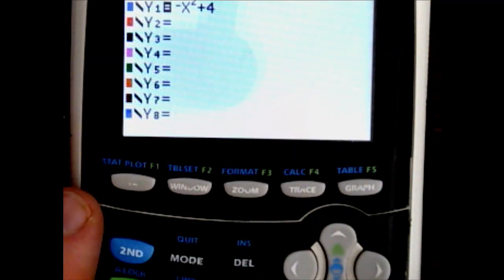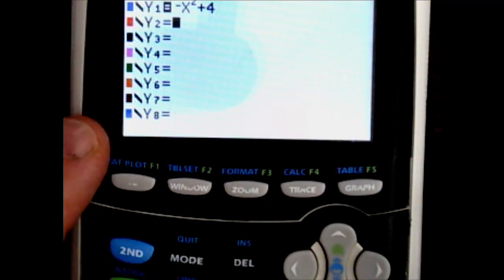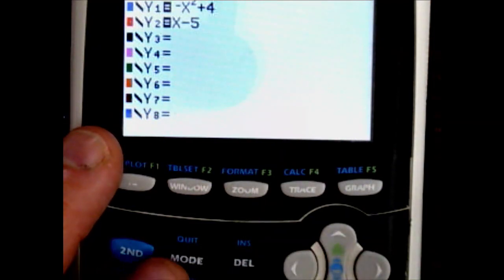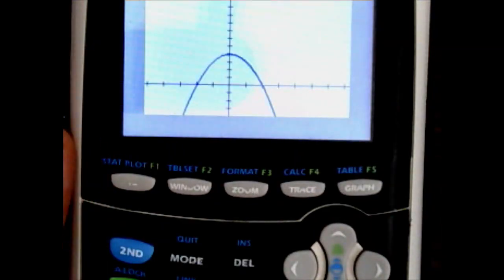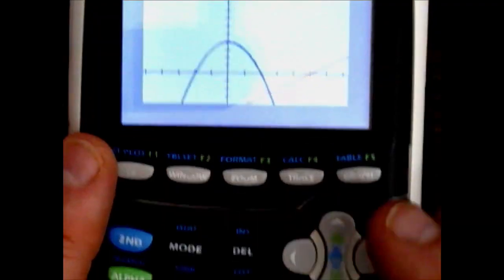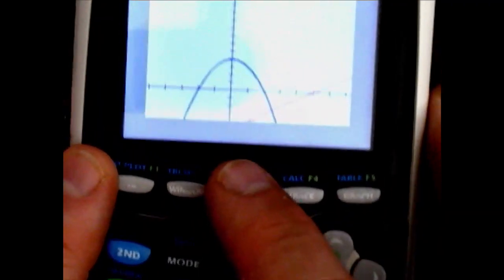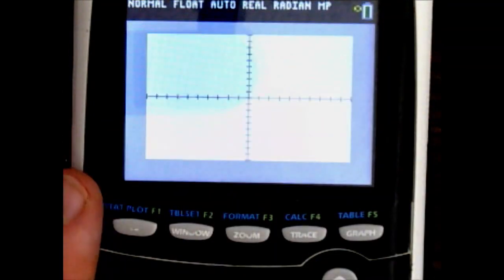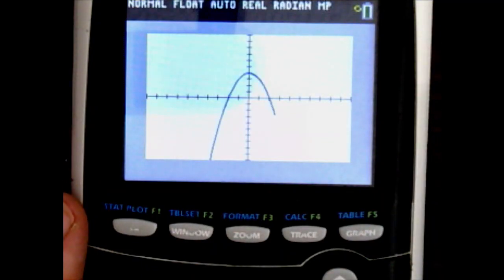Now intersect, which is number 5, I've got to draw another line up there, so let's do, I don't know, x subtract 5. Okay, so it graphs this guy. Let's try and see the whole screen by hitting zoom 6. Okay, and here comes our line.